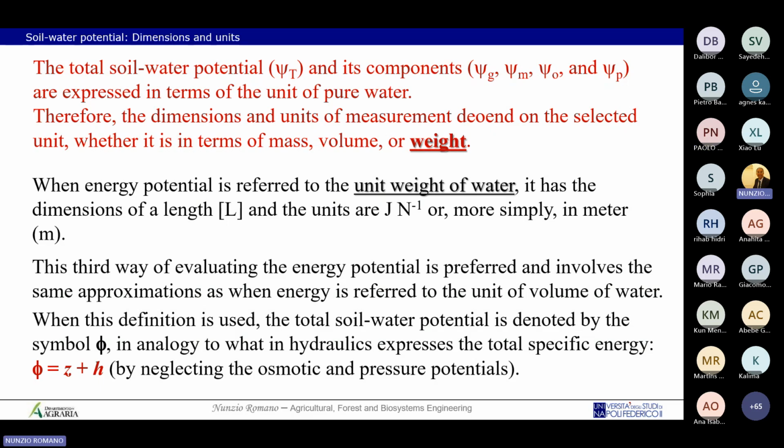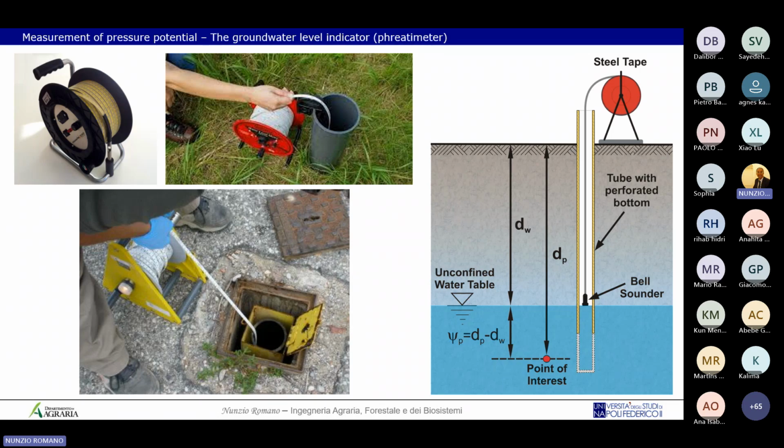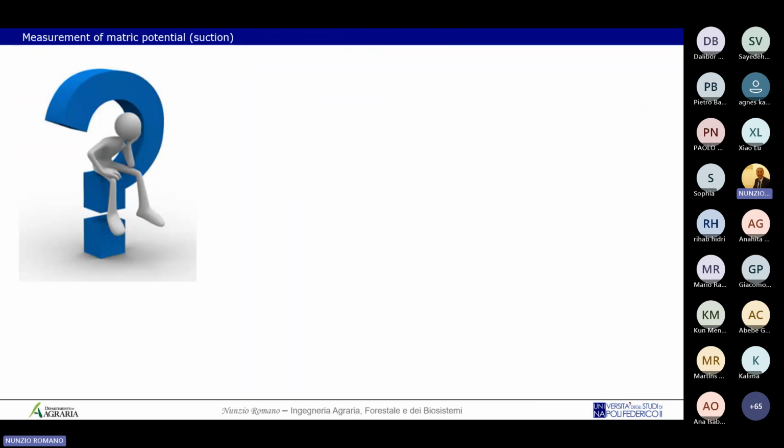Okay, and I hope the measurement of the positive pressure potential is clear. We should instead make some analysis of what happens when we want to measure the matrix potential, the matrix pressure head, what I call the suction.